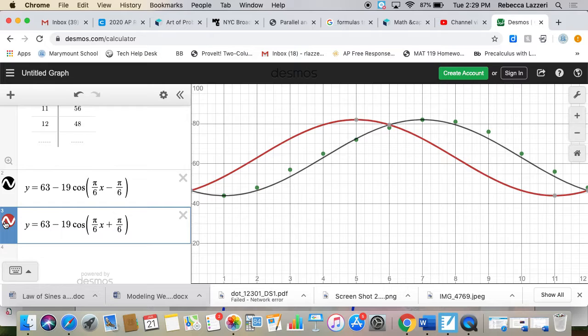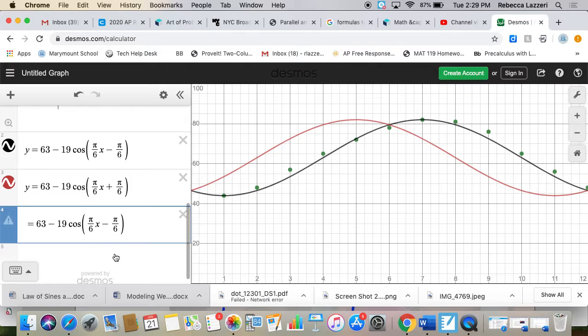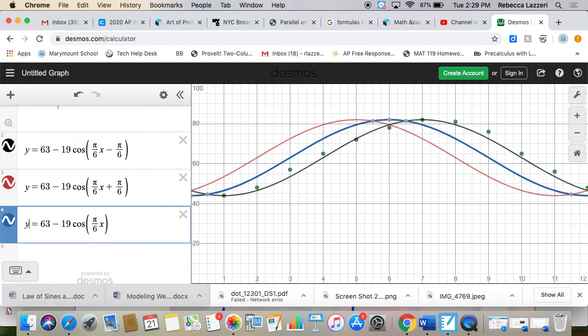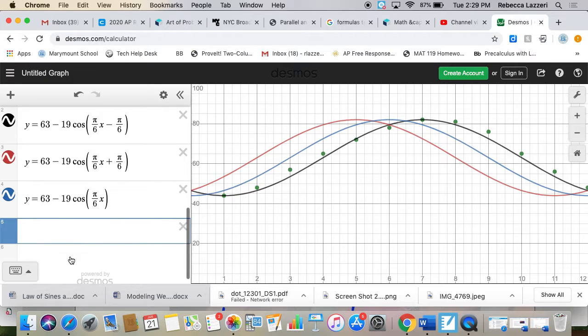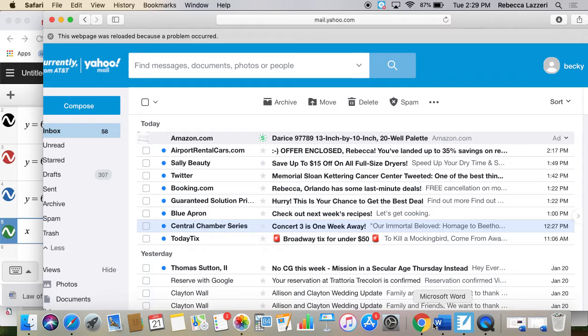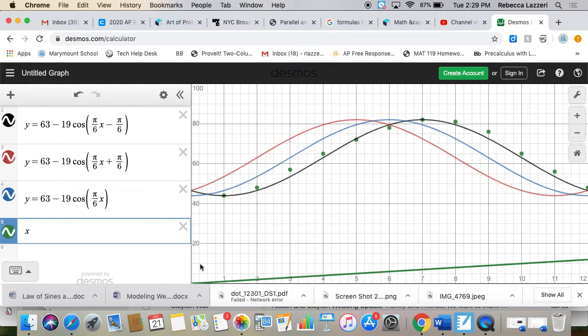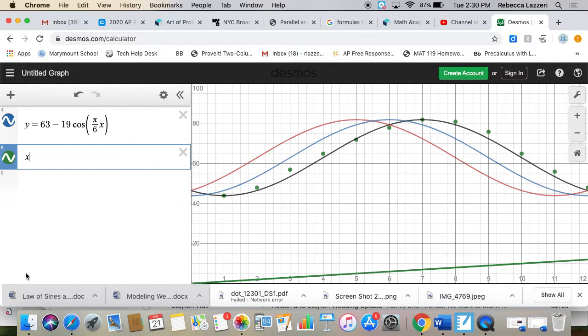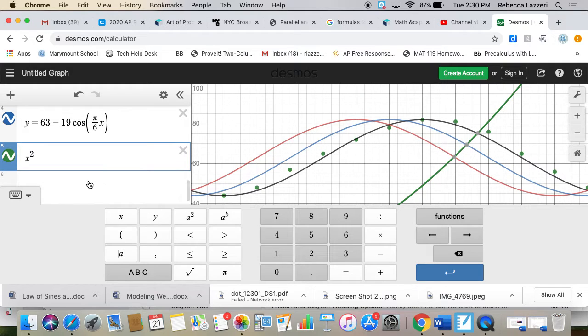So putting in phase shift, like what it did to this, was a graph with no phase shift. So if you put something with an x in anything, Alex, it could be x squared.